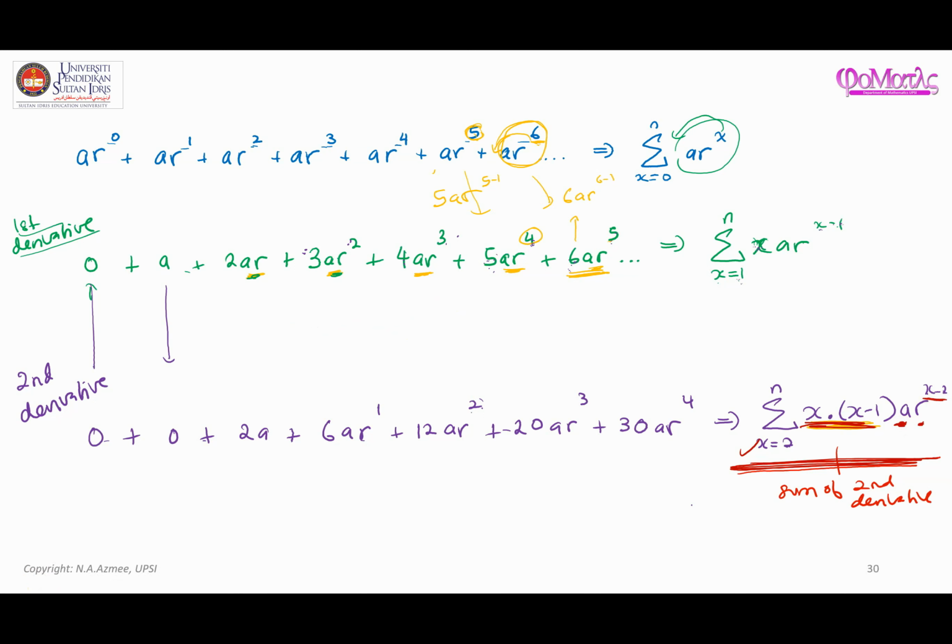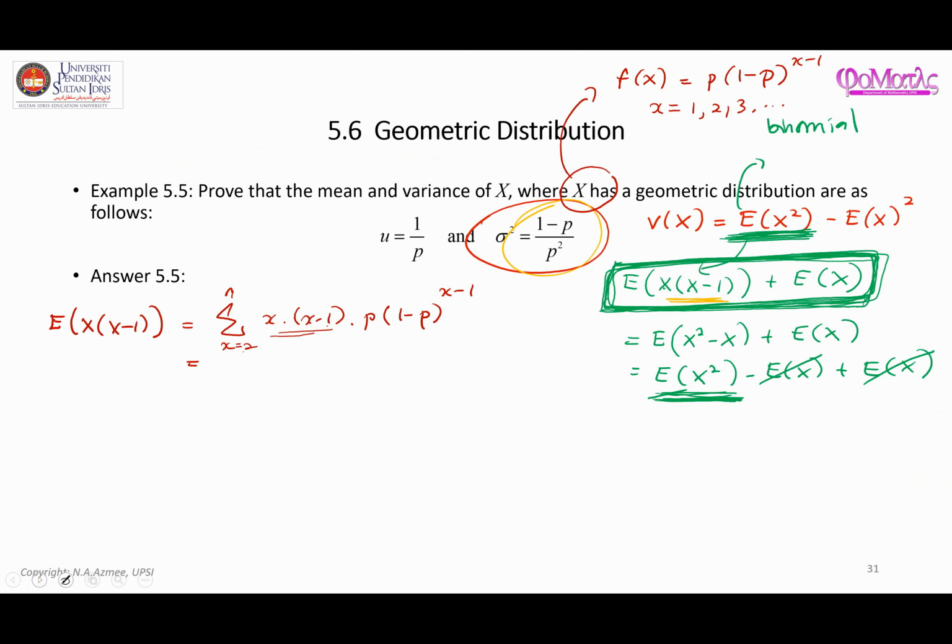This part here is x minus 2, whereas this one is x minus 1. Therefore, we need to do some modification again. Okay, so I'm going to focus on this part. Okay, so this part here, 1 minus p to the power of x minus 1, can be represented as something else.